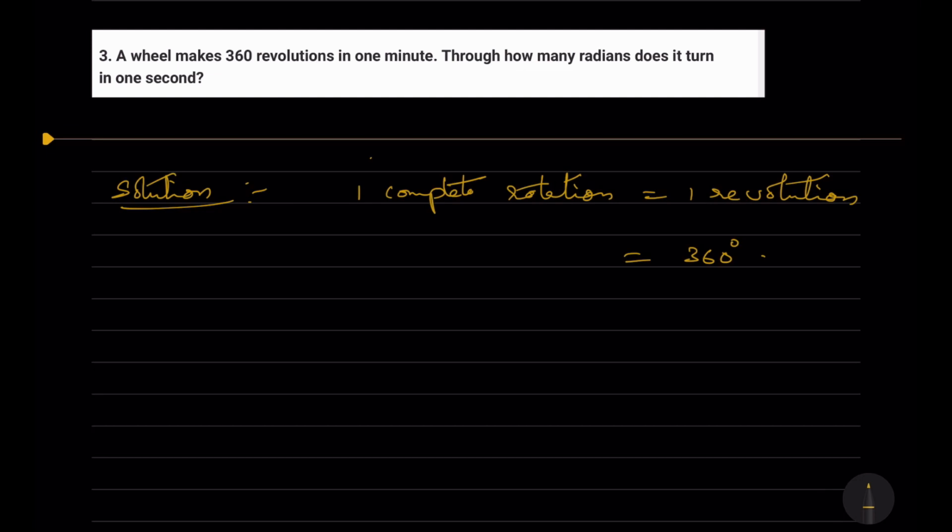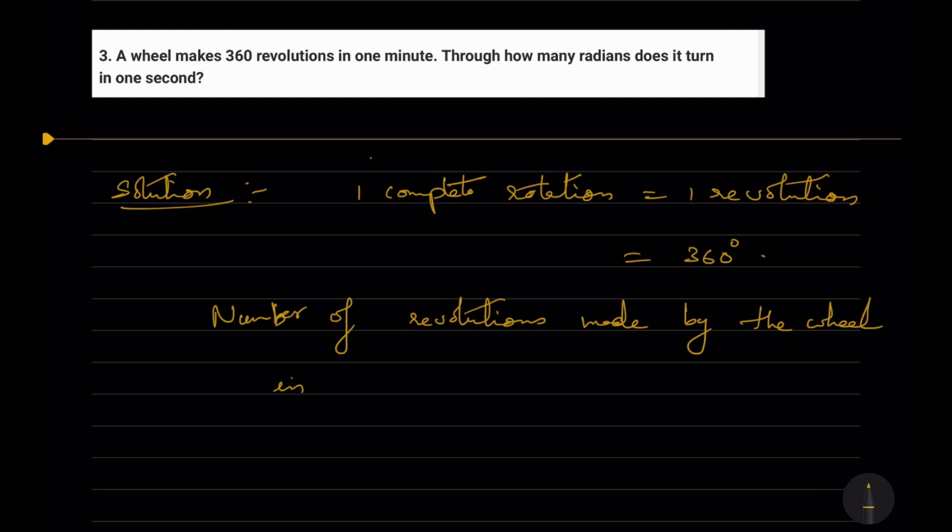So number of revolutions made by the wheel in 1 minute is equal to 360 revolutions.